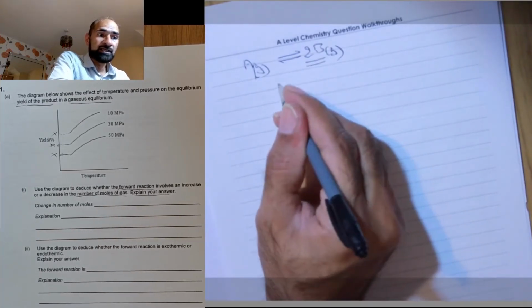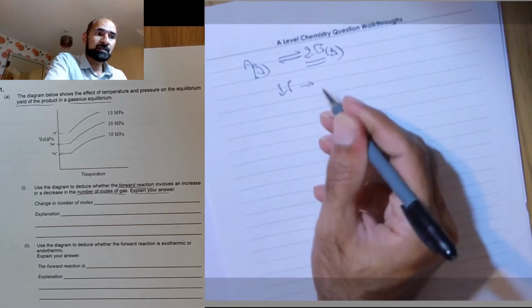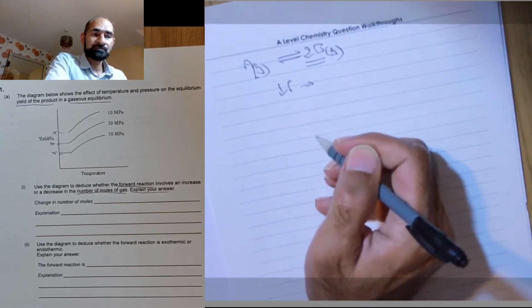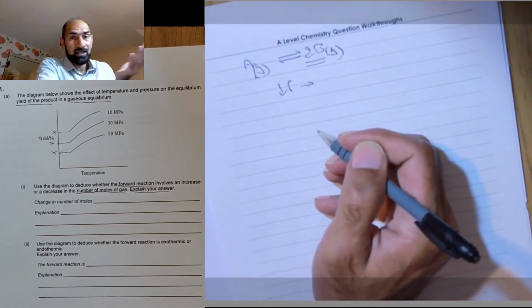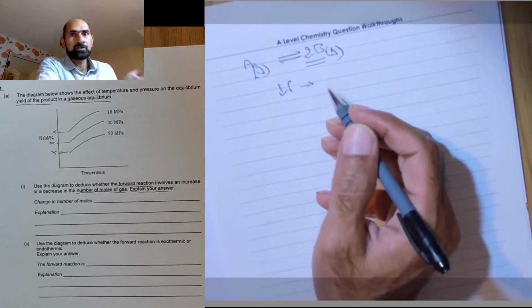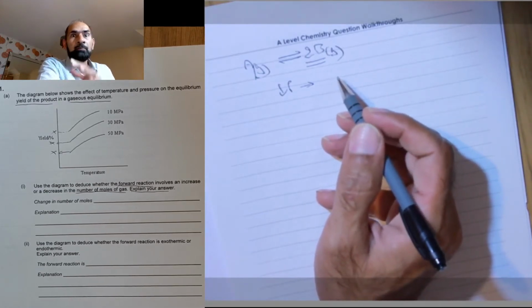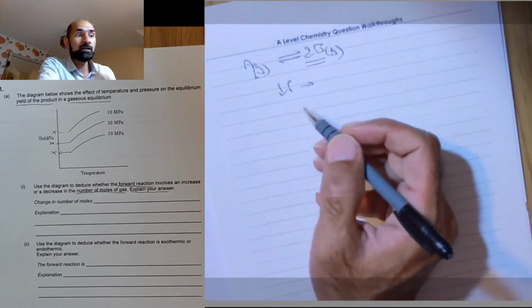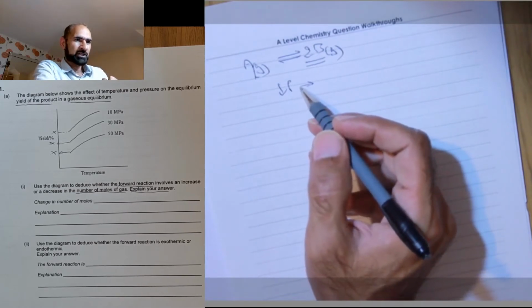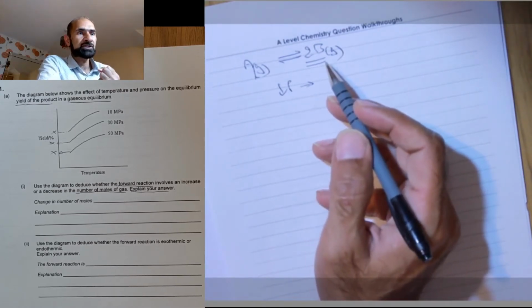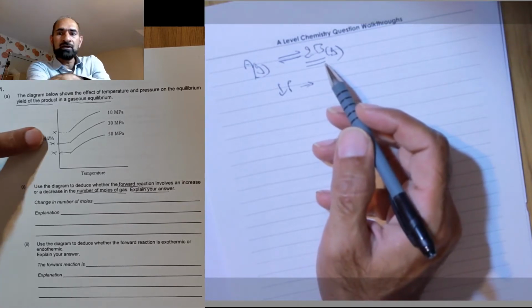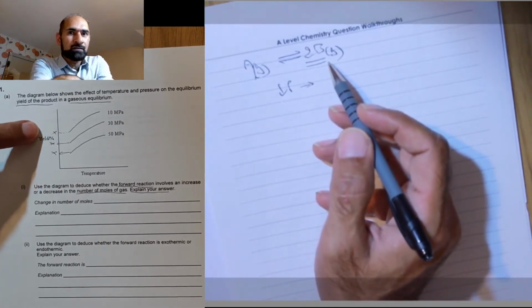Remember Le Chatelier's principle: the equilibrium moves towards the direction to oppose the change that you put on it. So if I'm trying to decrease the pressure, the equilibrium will try and increase the pressure, and I can see from the graph that it's giving me the higher yield.